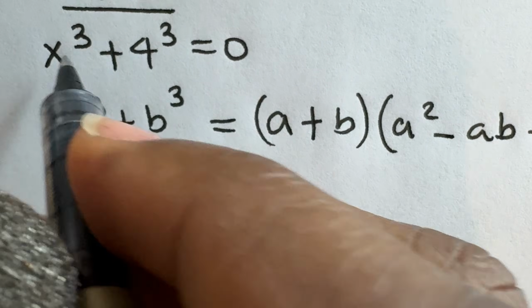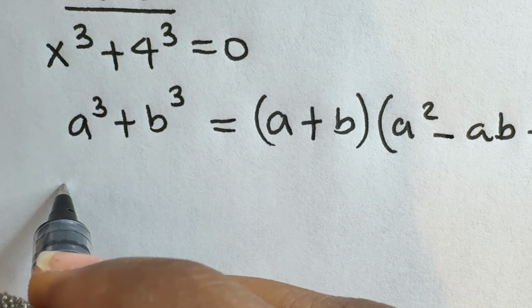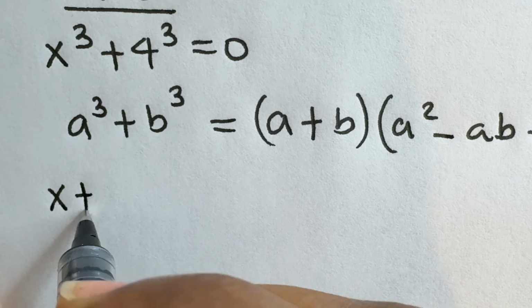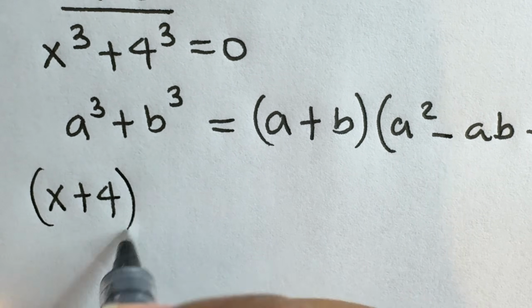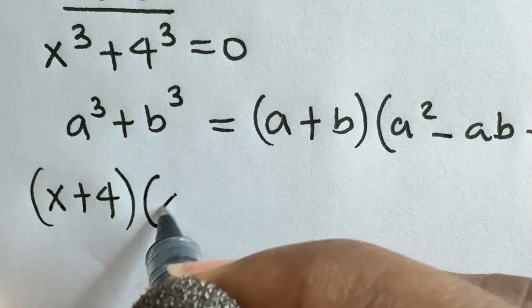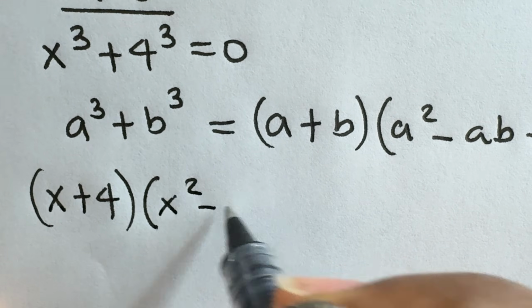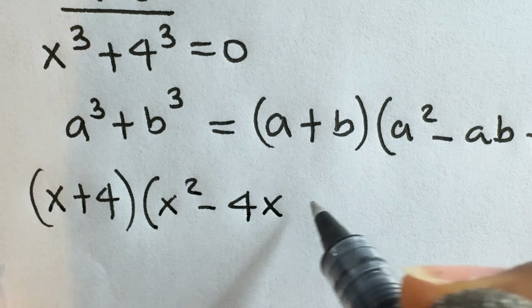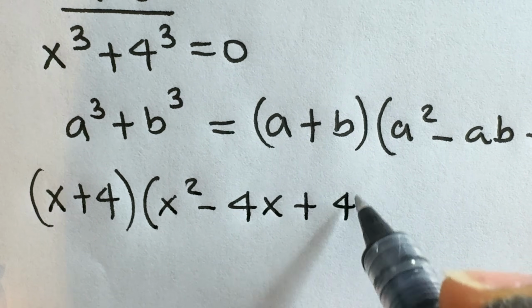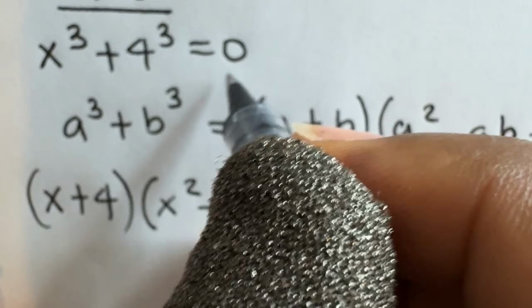So with this, we can factorize this to give us x plus 4 into brackets x squared minus 4x plus 4 raised to power 2 equal to 0.